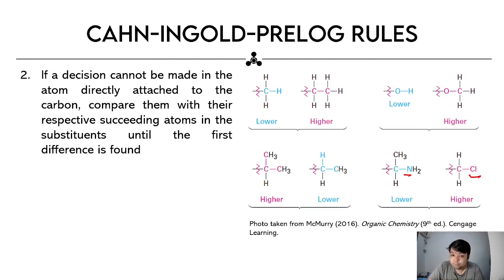So therefore, when we compare these two, this one will be given a higher priority since chlorine is heavier than nitrogen. Now, even if we compare chlorine to the other atoms in this substituent here, chlorine will still be given a higher priority since it has a higher atomic number, or rather a higher atomic mass.